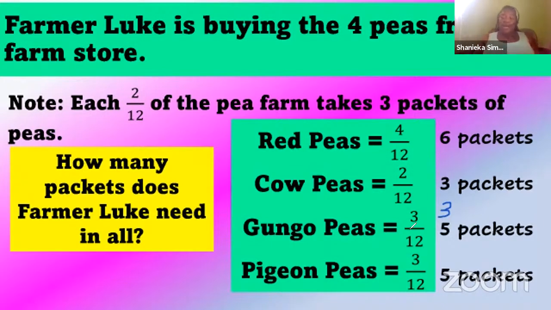And so we would have 3 packets plus 1.5 packets, but we can't buy 1.5 packets. So we have to round that 1.5 to 2 packets, simply because the farm store is not selling any half packet of peas. So we'll have the 3 packets and these 2 packets because we can't buy 1.5. We have to buy 2. So we end up with our 5 packets of peas.